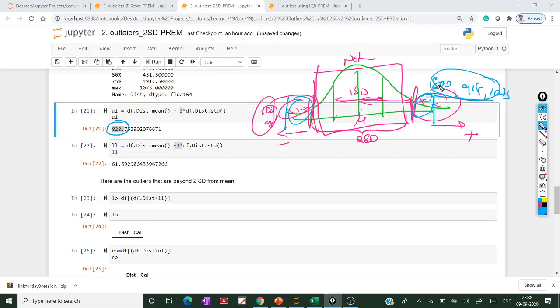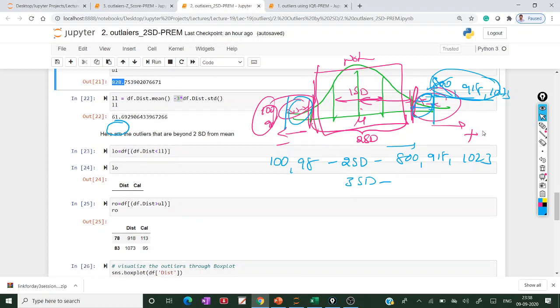If it is the second standard deviation, the outliers on the right side are 800, 918 and 1073, and on the left side 100 and 98. If it is the third standard deviation, the upper limit is extended from here to here. So the outlier 800 will not be an outlier, and only two outliers remain: 918 and 1073.